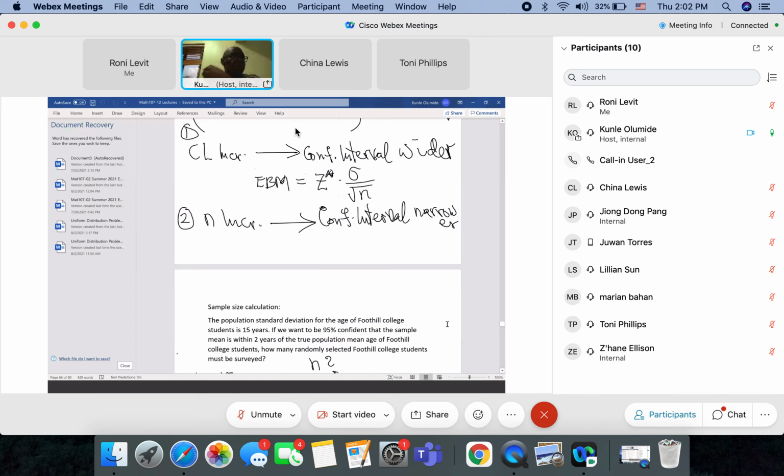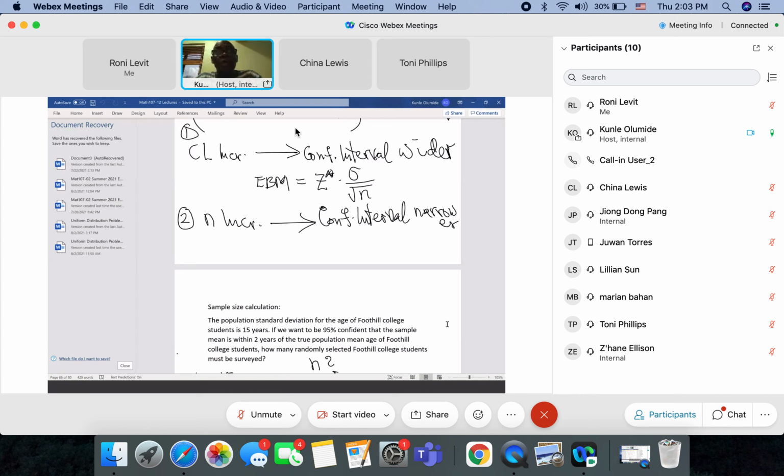Okay, so based on that, any question on that so far from anybody? Any question? Okay. If we don't have any question now, there's one more thing that we need to know with regards to confidence interval.